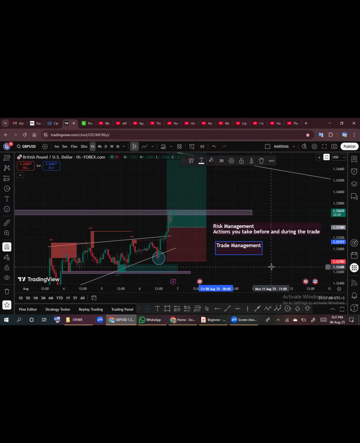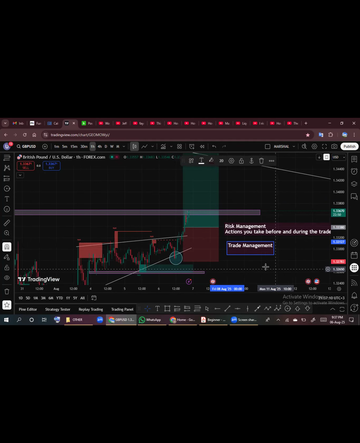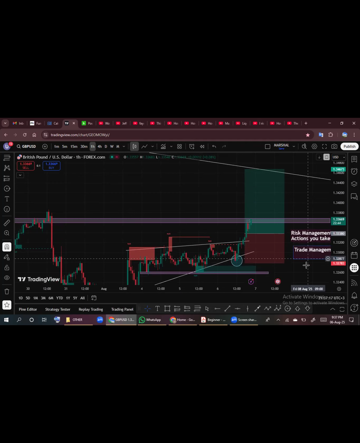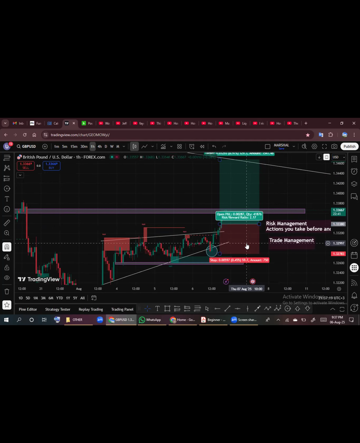For example, like on this trade now, I'm on this trade currently, and I'm making about 1,365 on this particular trade. And I'm using 5 standard lot size. Now, I entered exactly on this point.